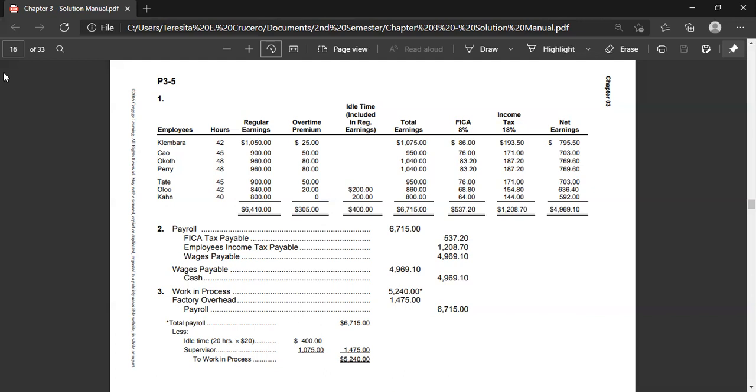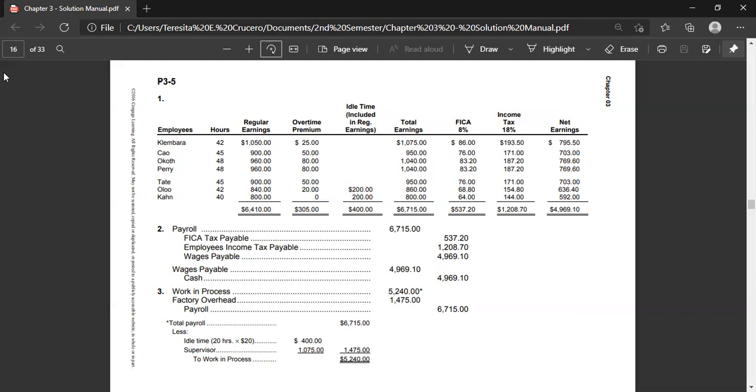We have a rush order accepted by Barclays Conversion. That's in problem 3-5, and we are now given the labor time records for the week ended January 27, showing the following hours. Hours not worked on vans are idle time and are not charged.